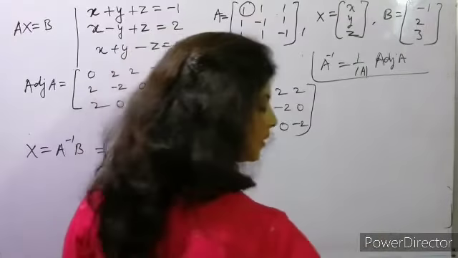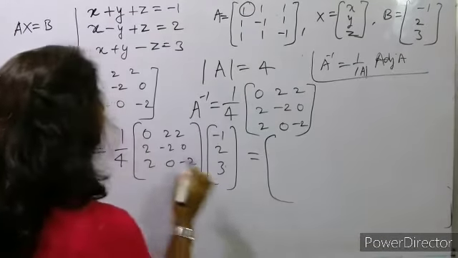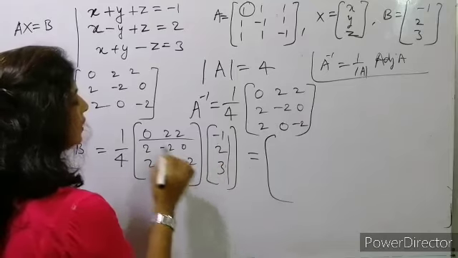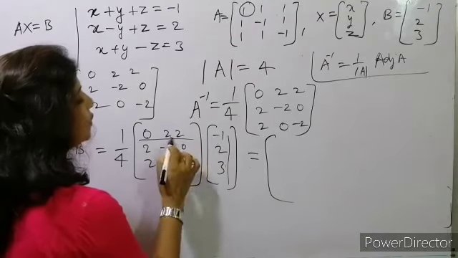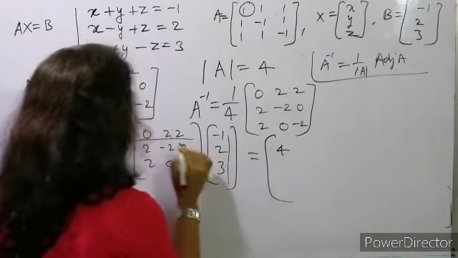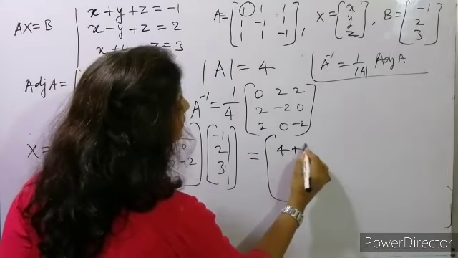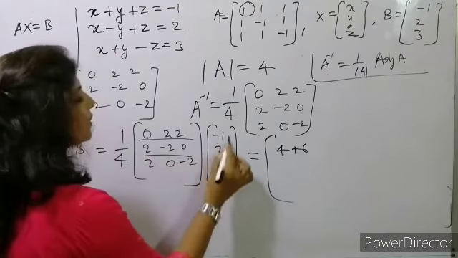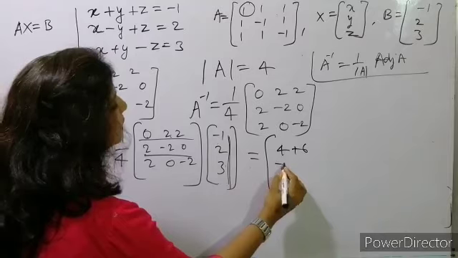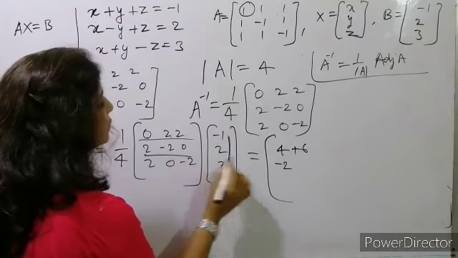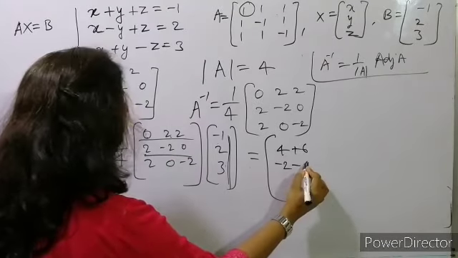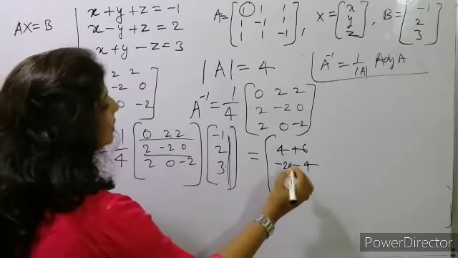Now what we have to do: first row first column, 0 into something 0, 2 into 2 is 4, and 2 into 3 is 6. Now second row first column, 2 into -1 is -2, -2 into 2 is -4, and 0 into something 0.